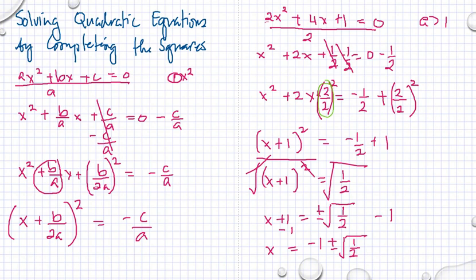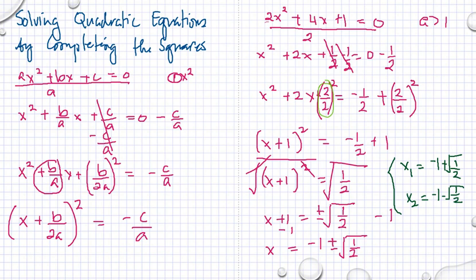So x sub 1 will be negative 1 plus the square root of 1/2, and x sub 2 will be negative 1 minus the square root of 1/2. Then that is my solution.